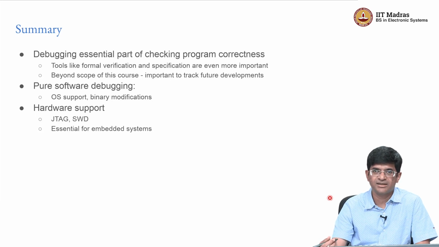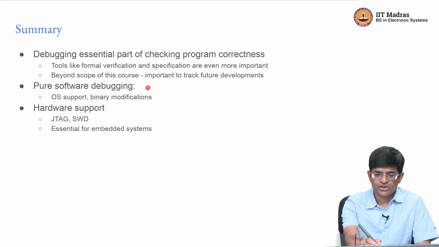By the very way that the program is designed, you can pretty much guarantee that certain types of bugs cannot exist. If the program compiles, it guarantees that certain kinds of bugs cannot exist. However, this is beyond the scope of this course, but is definitely an important area to keep track of, especially in the context of embedded systems, although it is applicable in general for any kind of software, right? And future developments are likely to make these more useful, more important as we move forward.